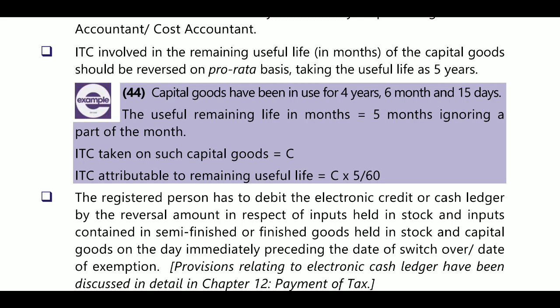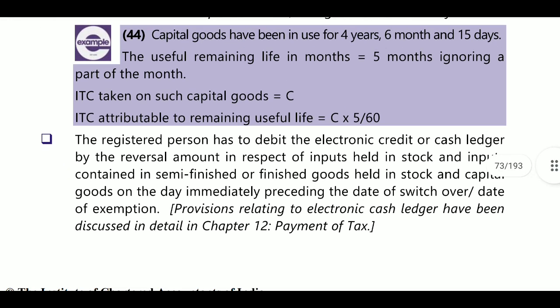Next, the remaining life in months will be 5 months, ignoring part of the month. So 5 months was the remaining life of the asset, and ITC taken on such goods is equal to C. So ITC attributable to remaining useful life will be C into 5/60.